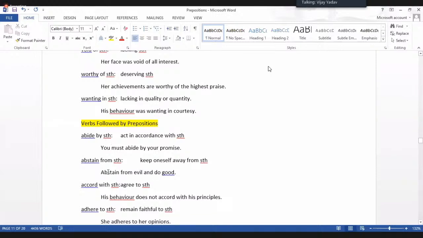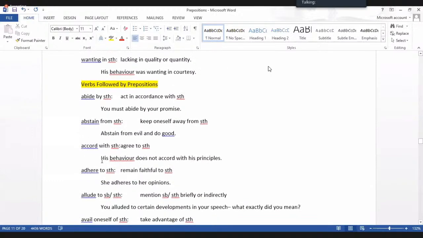If you use these words in sentences with the prepositions like this, then obviously the sentence will be effective and your whole technical writing will be effective. Accord with. His behavior does not accord with his principles.